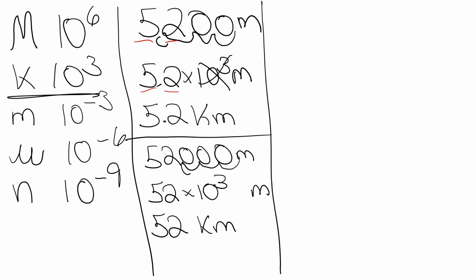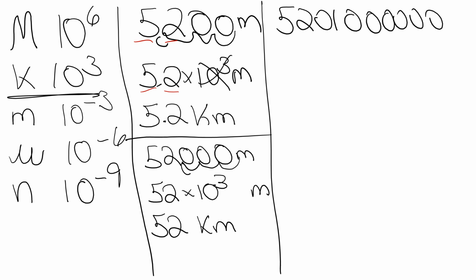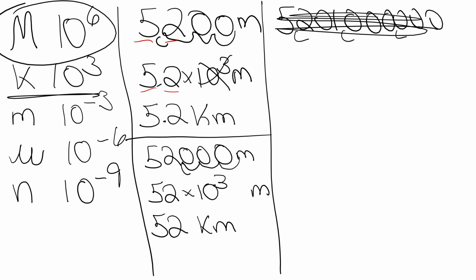So it's, again, about becoming comfortable with numbers. Let's go 5, 2, 0, 1, 0, 0, 0, 0, 0, 0, whatever. And we're going to put a comma every third. This is not one you would need to do. I'm going to cross over because the highest you're going to get is times 10 to the 6. So I'm going to work backwards to make sure I do that correctly.